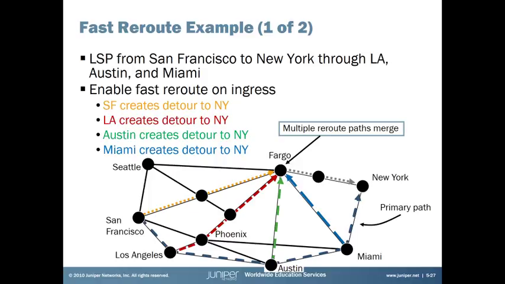All we've done is enable fast reroute on that LSP. Every router along the path calculates a reroute path around its downstream. It's still using the primary, not the reroute path; it's just calculated the reroute path.